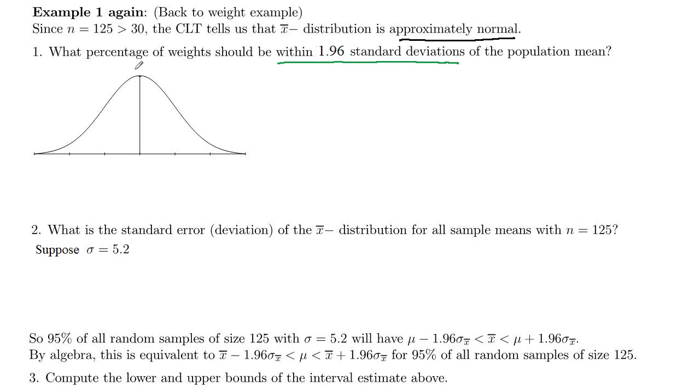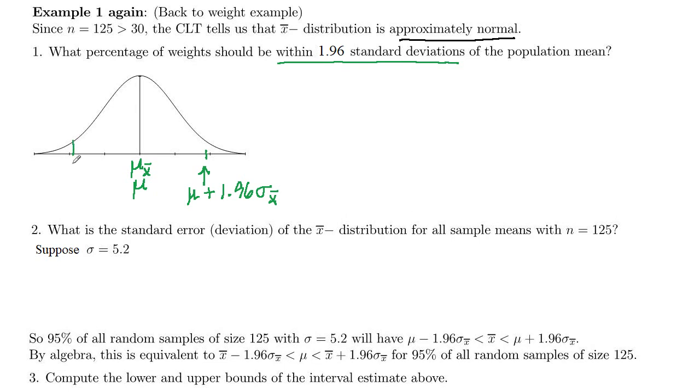So that's saying that here's our sampling distribution, and remember that the mean of that distribution is mu sub x-bar, which is also equal to mu. Then we add 1.96 standard deviations right here. So this is the population mean plus 1.96 standard deviations of that sampling distribution.